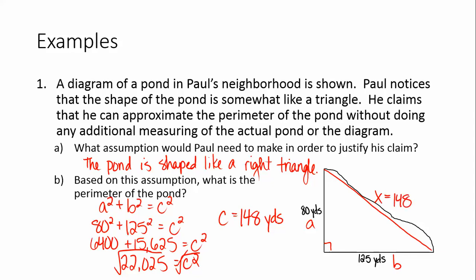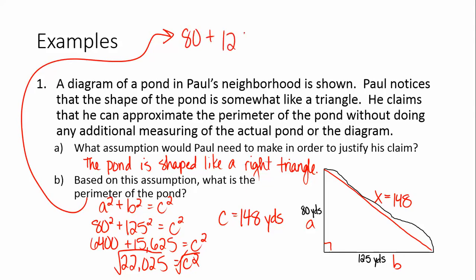So the perimeter comes from 80 plus 125 plus 148. Remember that this is all in yards, so you will want to make sure you have a unit. That's about 353 yards. So there's a real-world, application-based problem of the Pythagorean theorem.